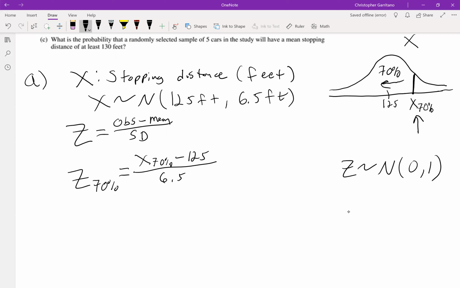So any normal distribution that we have can be converted into the standard normal model by subtracting the mean from each value and dividing each value by the standard deviation. So anyway, we use inverse norm to get our z-score. 0.5244 is equal to the unknown value.